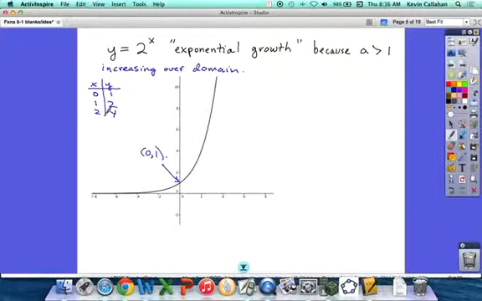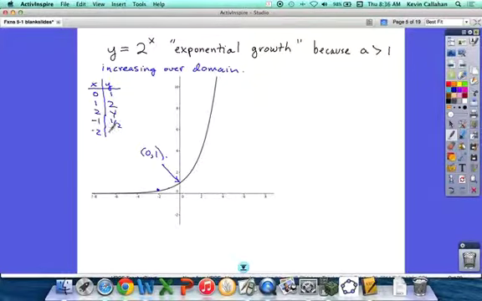If I put in a -1, then I get 2 to the -1, which is 1/2. And if I put in -2, then it's 1 over 2 squared, which is 1/4.